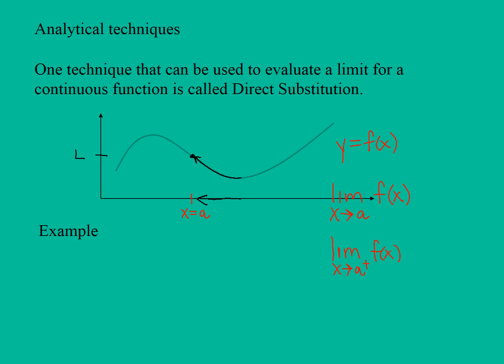So our y values are approaching this value right here. Let's say that equals some value L. So we would say the limit of f of x as x approaches a from the right equals L.